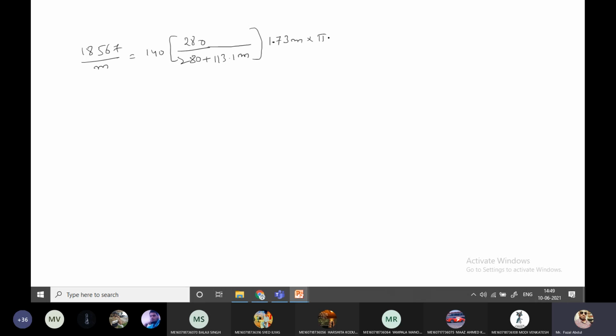PC means pi into m into y dash, which is 0.104. Okay, now this is the equation we got in terms of all.